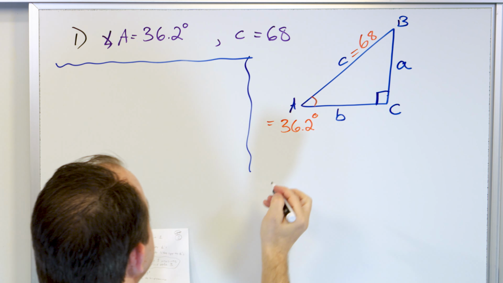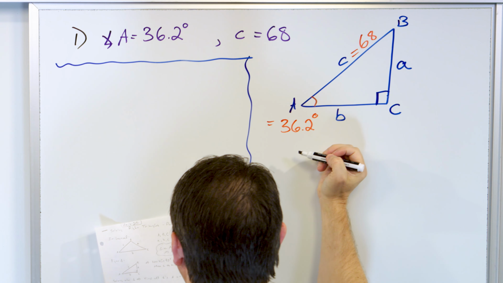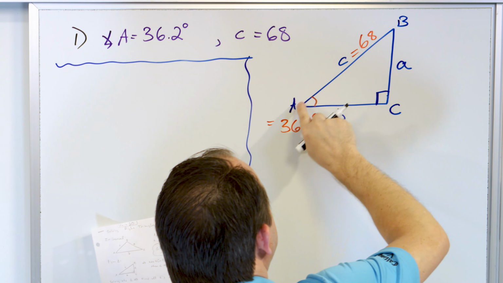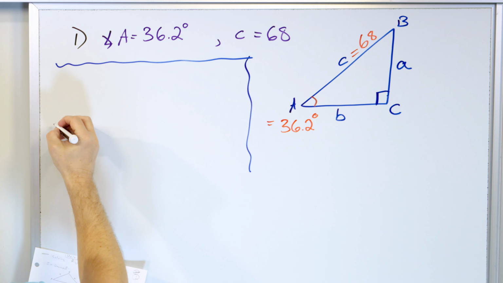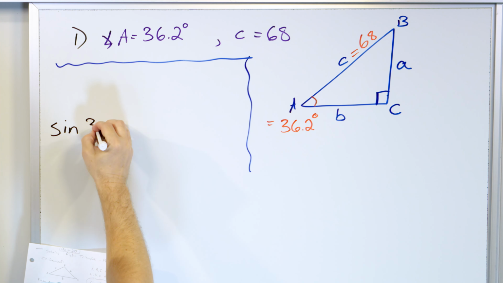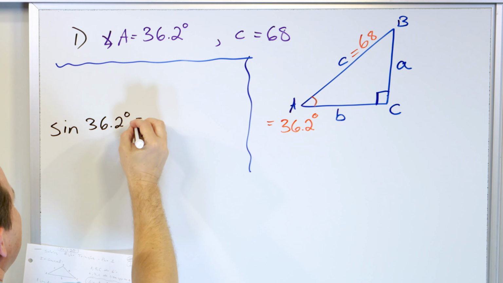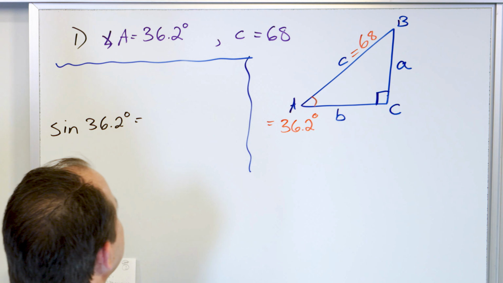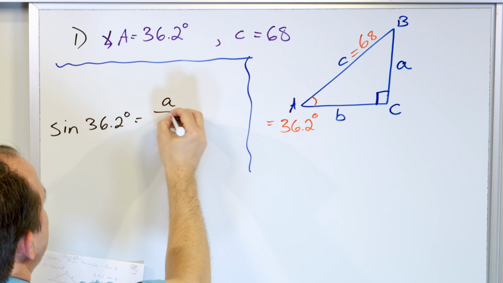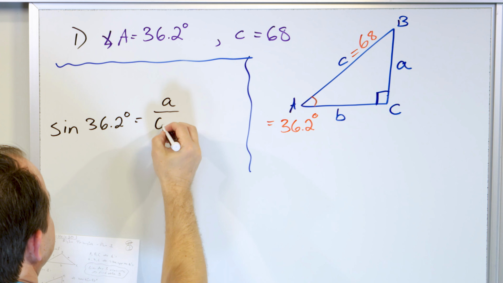So we know that this is a known angle, 36.2 degrees, and we know the length of the hypotenuse. And we can then find the side of this. How? Because you know that the sine of 36.2 degrees has got to be equal to the opposite side divided by the hypotenuse. Opposite over hypotenuse, that's what the sine is. So A over C, but I know that C is 68.